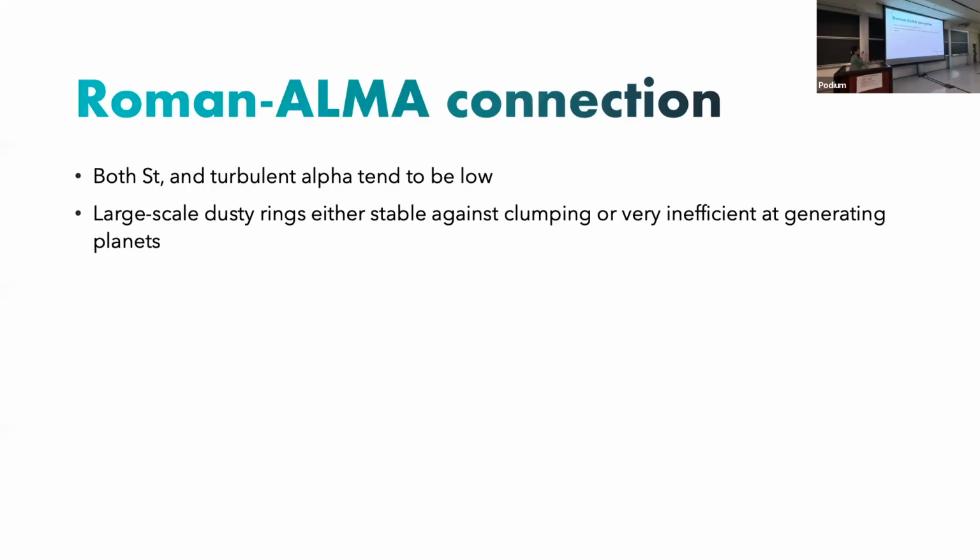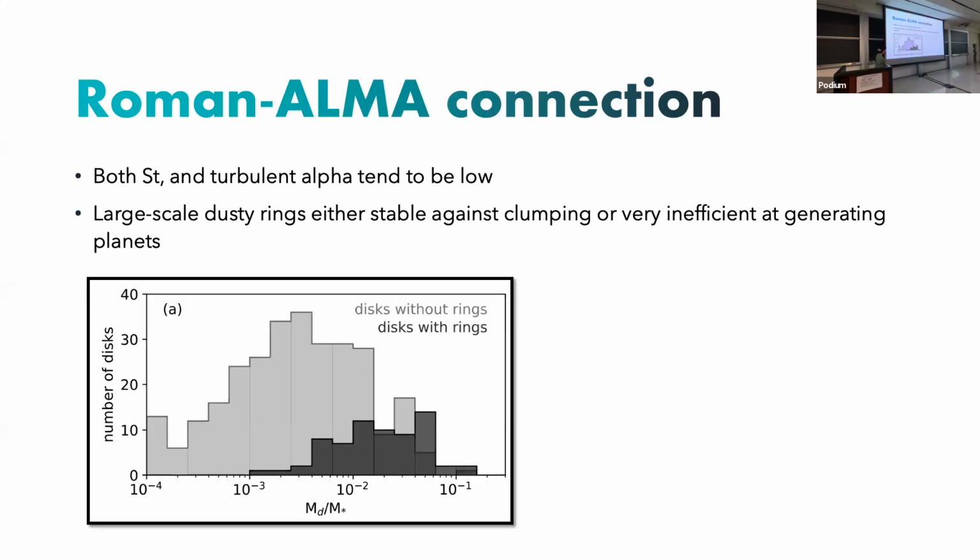Okay, so what does this all mean for Roman? So I think this is one way to make that connection between the exoplanet demographics that we'll find with Roman, with the disk physics that we can probe with ALMA. So starting with the disk, when we take a look at disks as an overall sample, the disks with those rings, those substructures that I mentioned, those are usually found around massive and large disks.